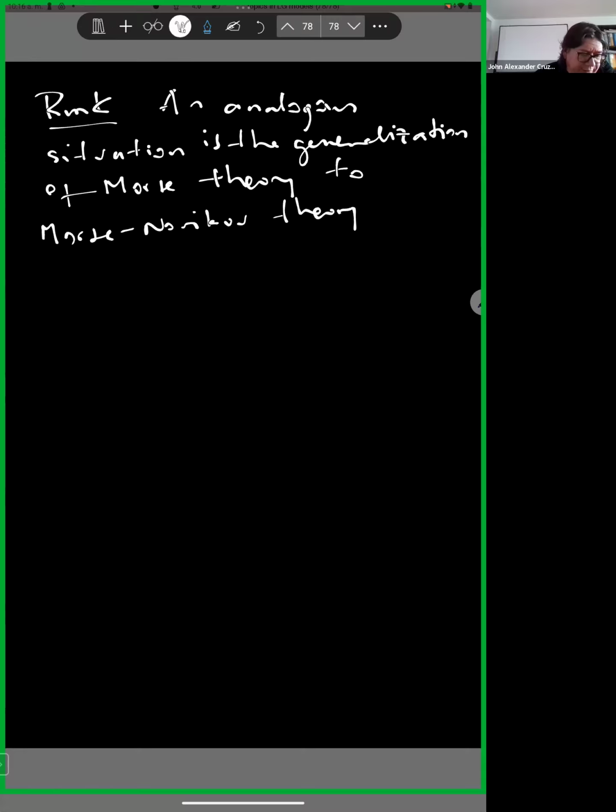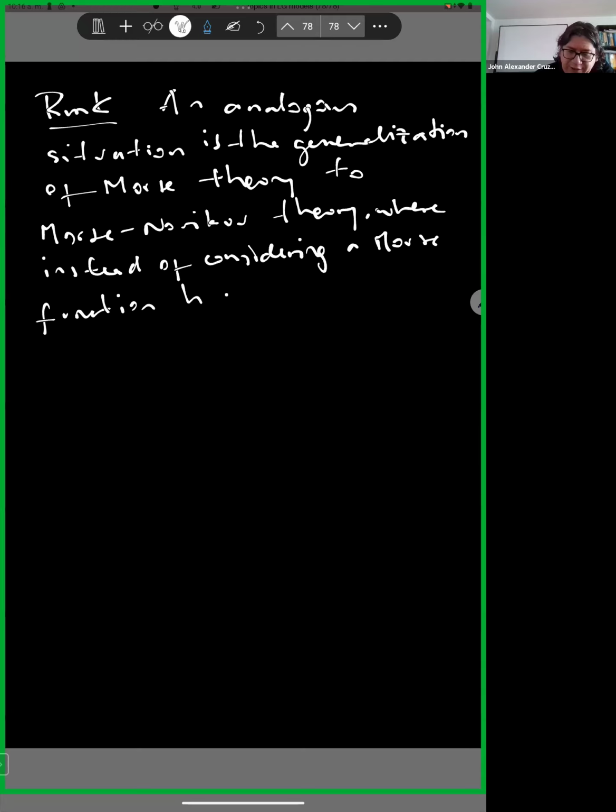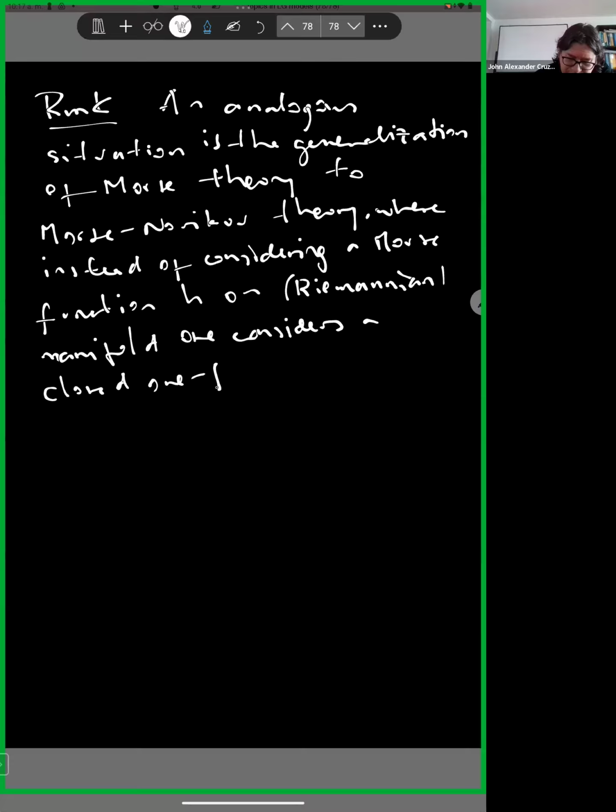Where instead of considering a Morse function h on a Riemannian manifold, we consider a closed one form. This is what is happening.